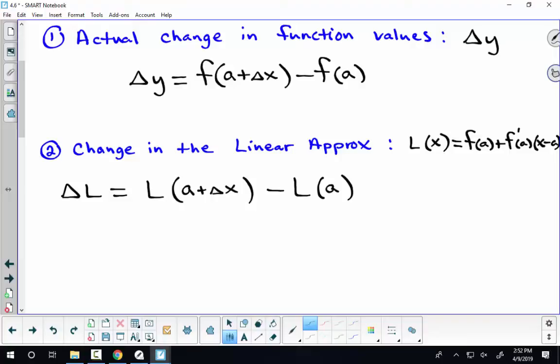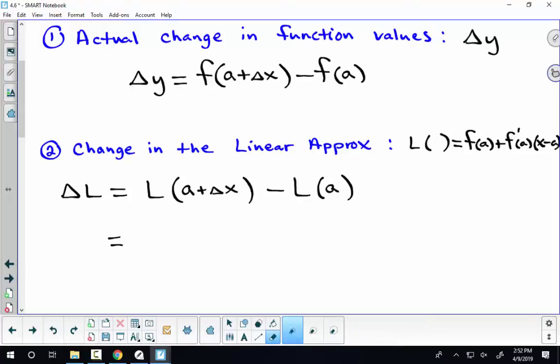So this notation for f of x is arbitrary because that wasn't given, but we do have what L of x is equal to. So now let's take a plus delta x and plug it into our L of x formula, keeping in mind that a plus delta x is the input over here.